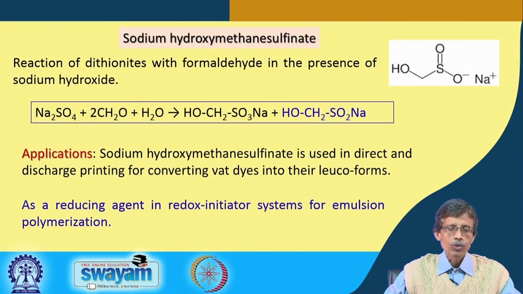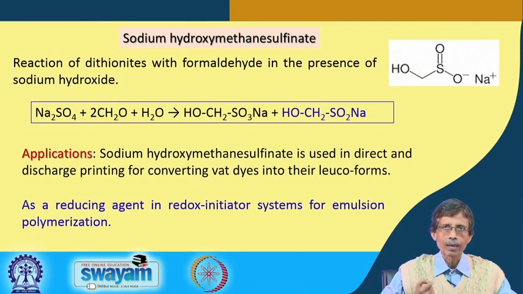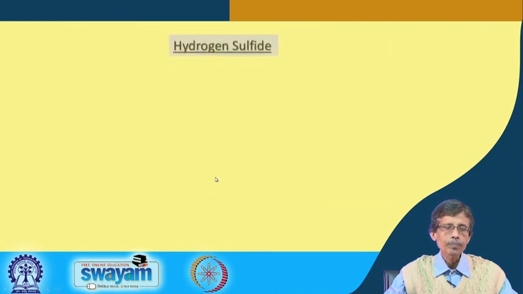As a reducing agent in a redox initiator, because if it is a chain reaction type of thing, the reaction is initiated by electron transfer, which can be initiated by addition of this reducing agent. So instead of dithionite, you can have this methanesulfinate as a very useful reducing agent for emulsion polymerization, and the molecule can also be broken down very quickly into its components.